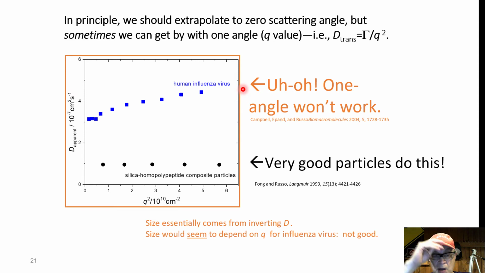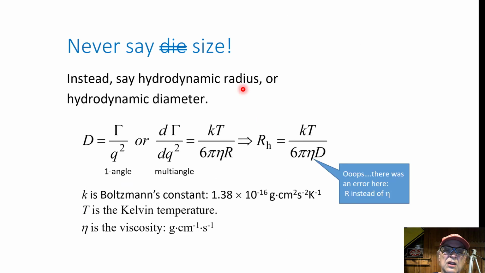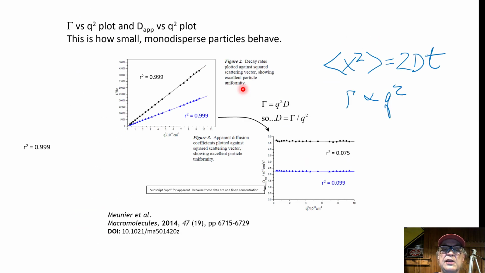All right, now I want to talk about what happens in a lot of black box dynamic light scattering instruments, like the one they have over there in the OMCL at Georgia Tech, or in many other industrial labs that have a dynamic light scattering instrument that can only measure at one scattering angle. It works well in simple cases. Look, if I've got these particles made by these guys at Dow, it wouldn't matter what Q value I use.